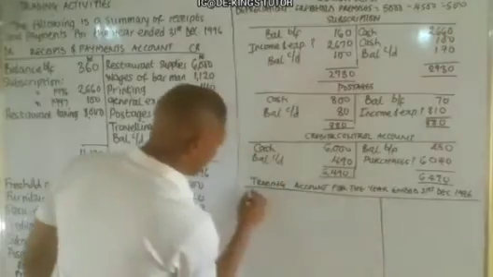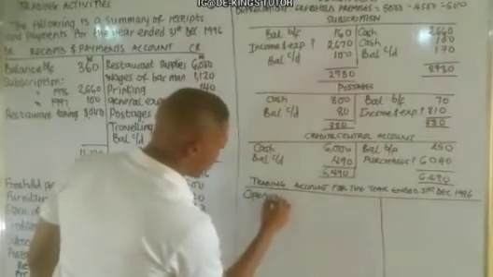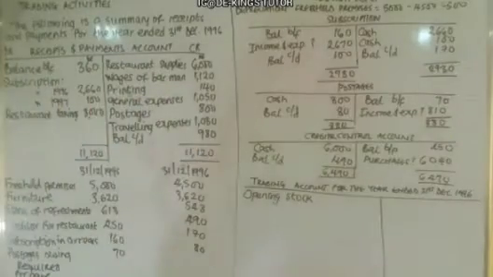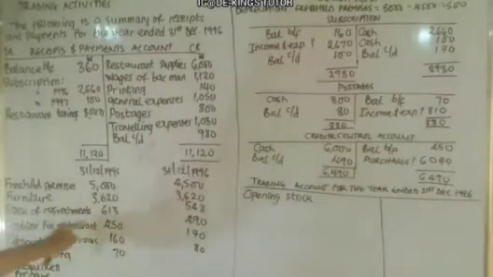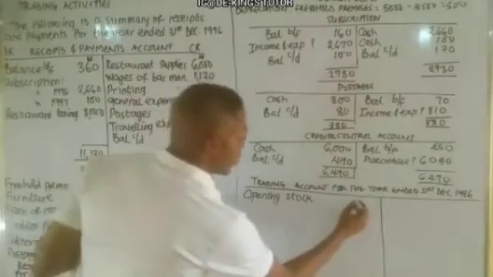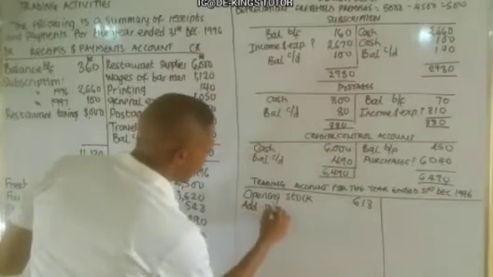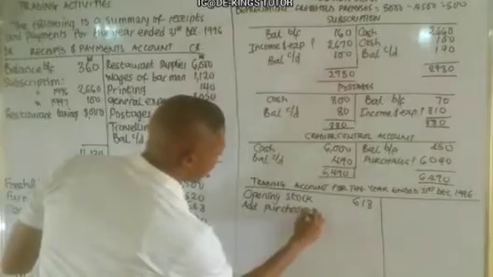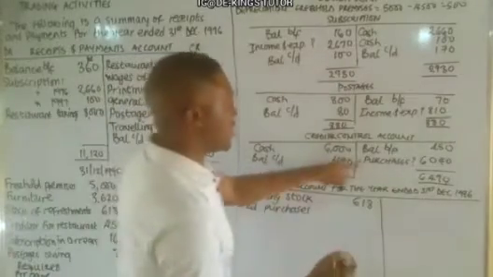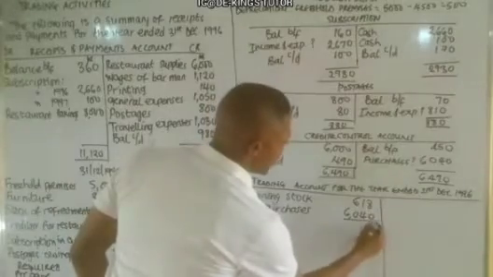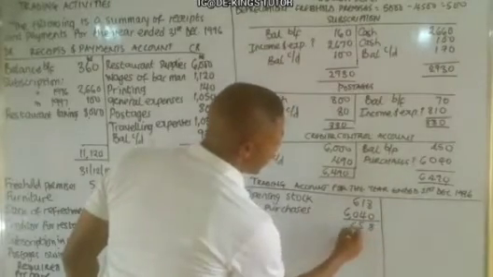So the first one is our opening stock. We have opening stock here, the same way we prepare our trading profit and loss account. Opening stock of refreshment, 618. That is said, add purchases. Look at the purchases here, 6,040. So this is 6,658.